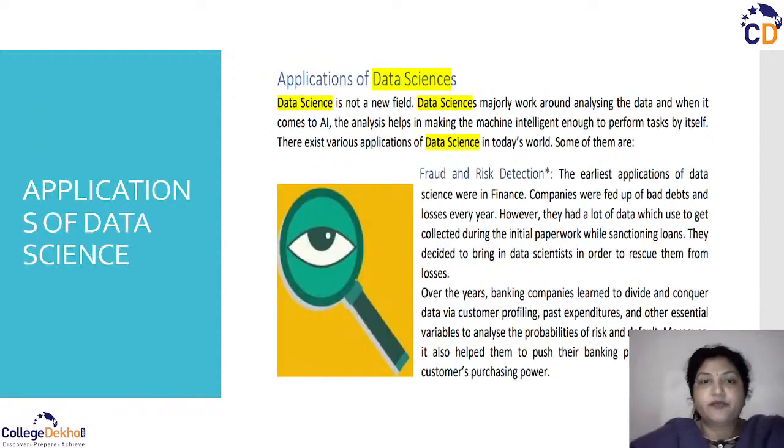Second example we have is fraud and risk detection. Earlier we didn't have such kind of applications. Like suppose anyone wants to take a loan, or you may say debt, from the bank, right? Earlier we didn't have such applications. Nowadays we have such applications. The user has to first of all register with the bank and give all the details related to his PAN number and everything.